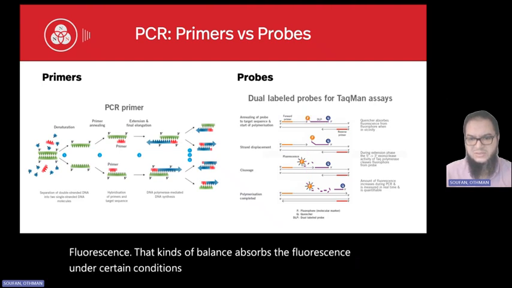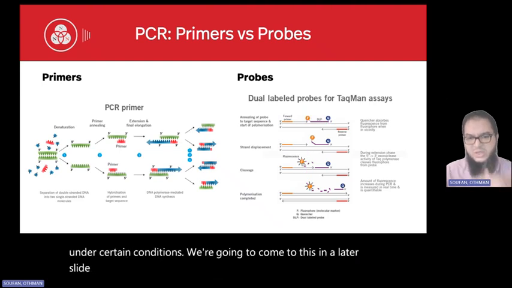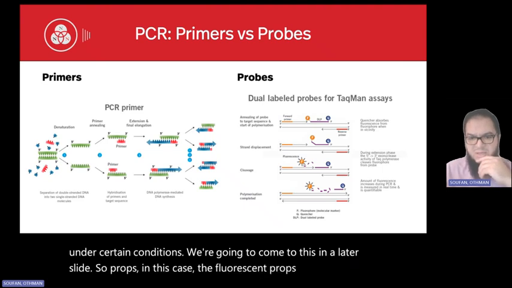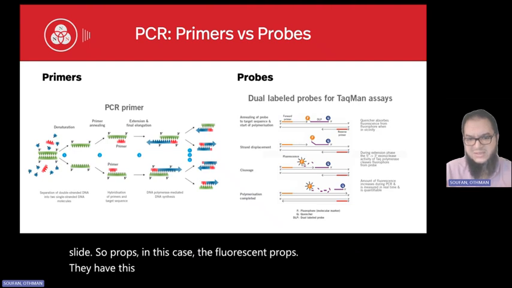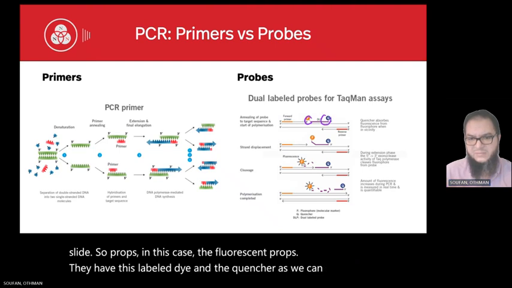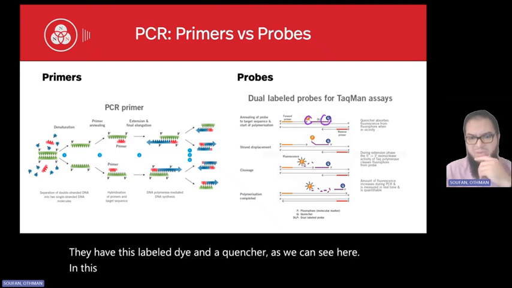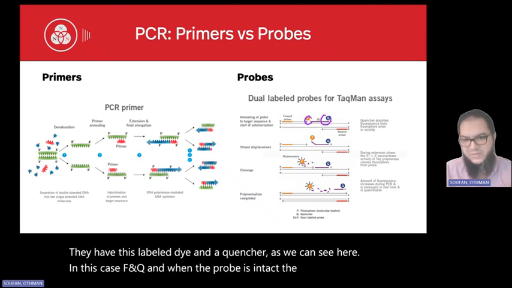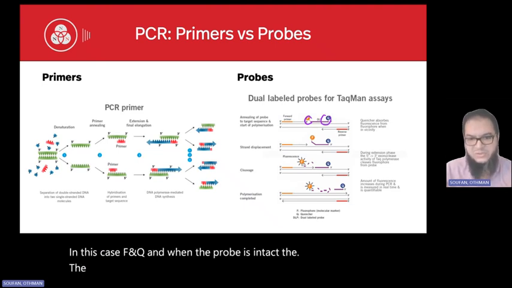We're going to come to this in a later slide. So the fluorescent probes have a labeled dye and a quencher, in this case F and Q. And when the probe is intact, the proximity of the quencher prevents the fluorescence.